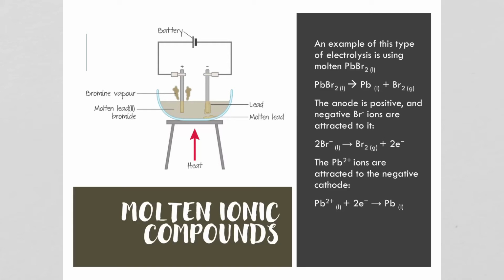This is an example where you can separate lead(II) bromide into liquid lead and bromine gas using electrolysis. We use electrolysis for a lot of things. It's a way of separating compounds into their individual elemental states. We'll spend more time talking about that in our higher level material in a later lesson.